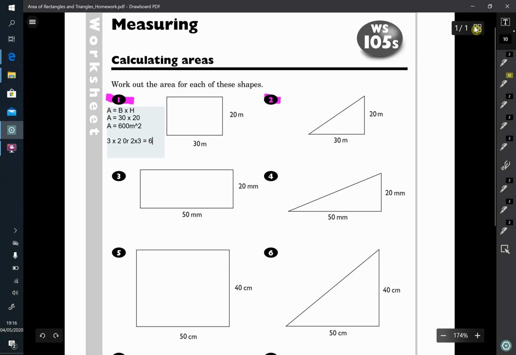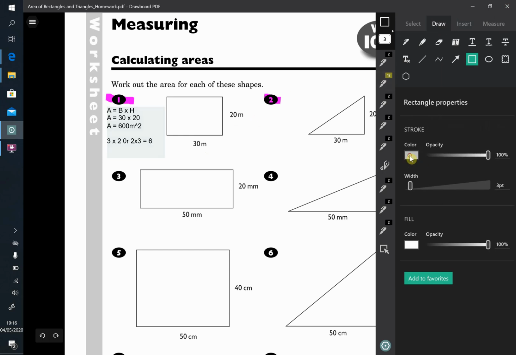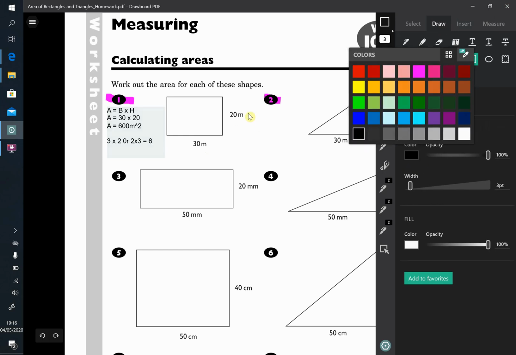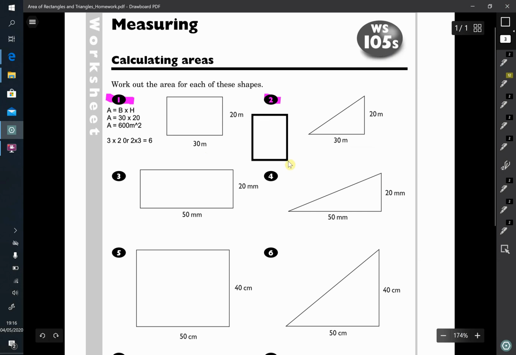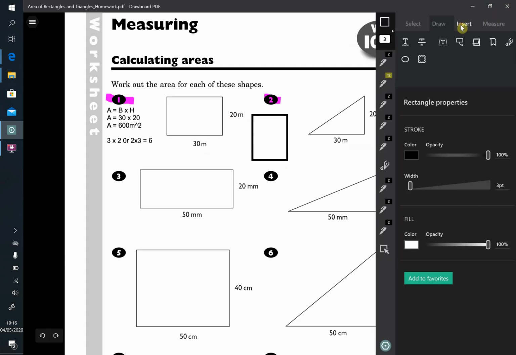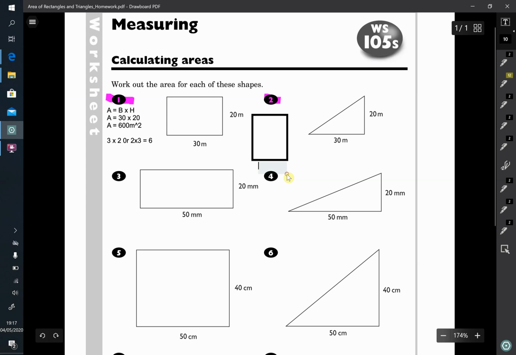Also, if I had to draw this rectangle and turn it around, the 20 meters is now going to come over here, and the 30 meters is going to come over here.